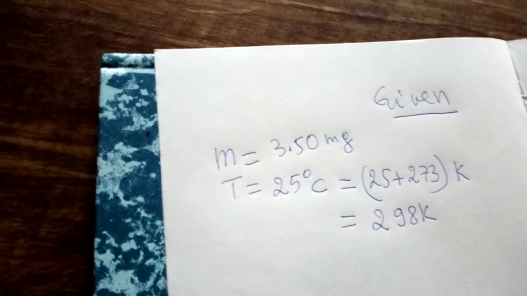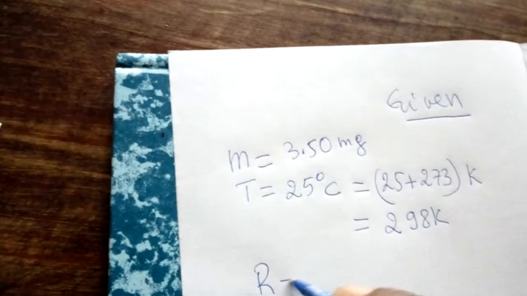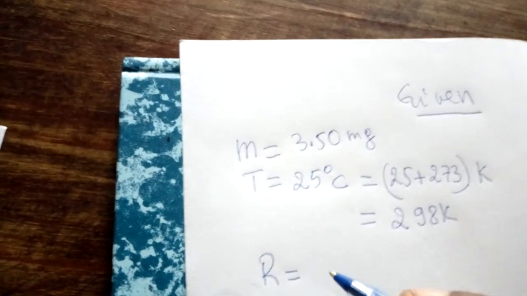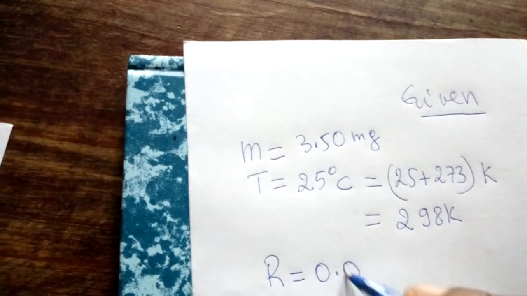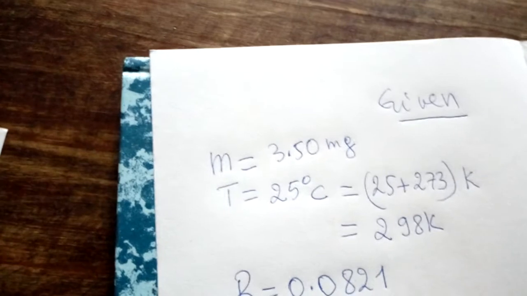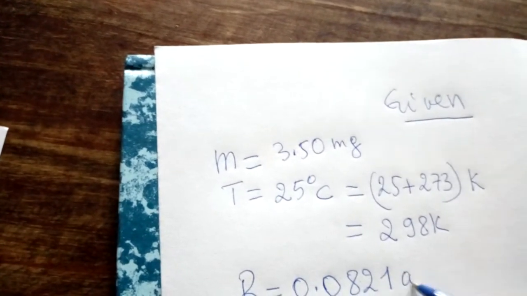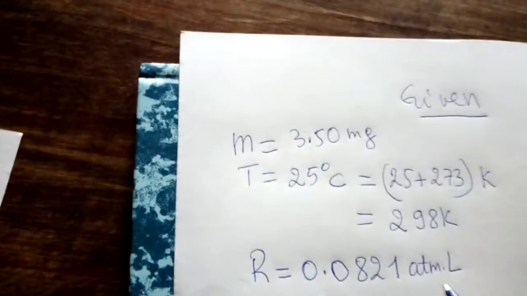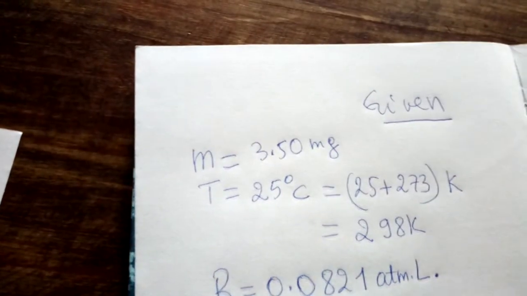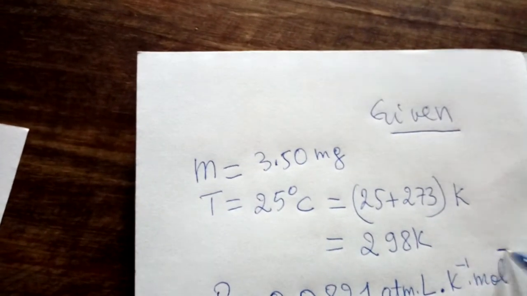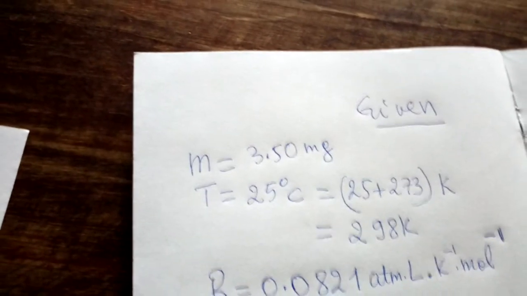Because the temperature is in Kelvin, R is expressed in 0.0821 atmosphere liter Kelvin minus 1, mole minus 1. Then the pressure will be in atmosphere in order to simplify the unit. Those are what we have.